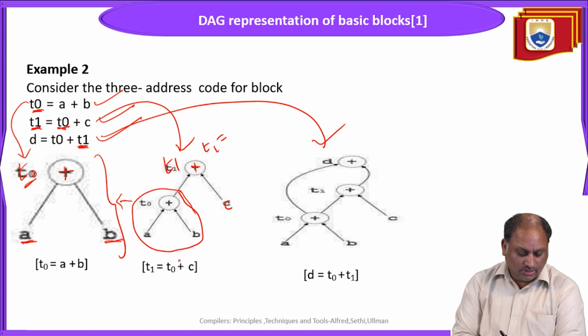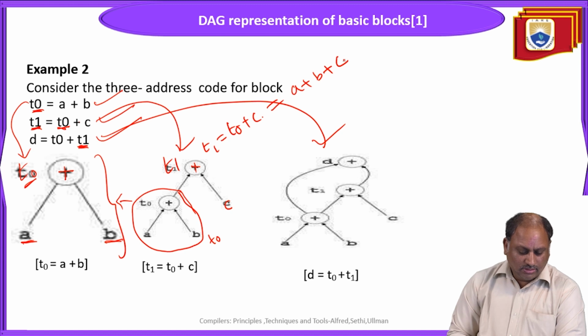That is T0, this entire thing is T0, so T0 plus C. What is T0? T0 is A plus B. So T1 is A plus B plus C. So you got A plus B from this one and plus C.